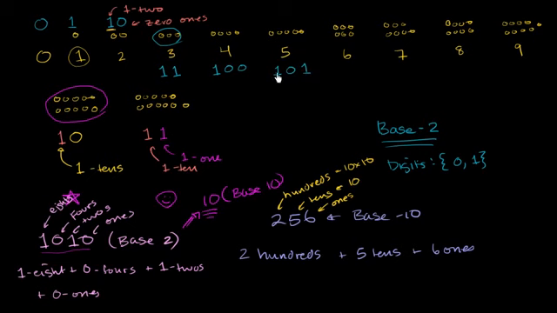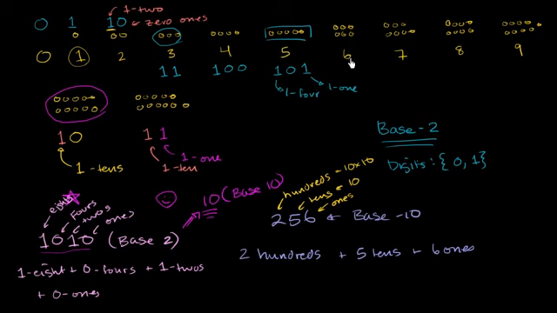And just to be clear, this is this many things in base 2. This is the 4th place, 1 4 and 1 1. If you wanted to convert this into base 10, you'd say, look, this is 1 4, 0 2's, and 1 1. So if you have a 4 and a 1, we would represent that with the symbol 5 in base 10. We don't have that symbol available to us in base 2.